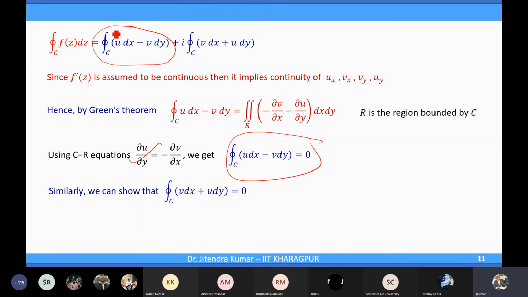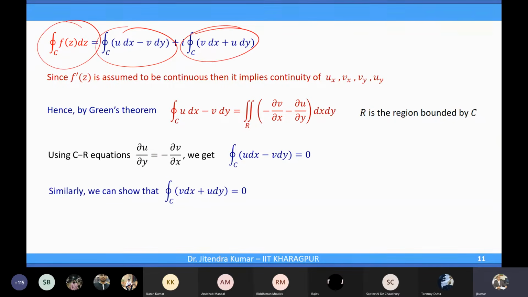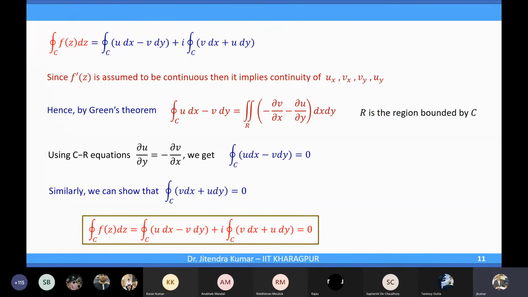Similarly, the second part of the line integral is 0, so we proved that the integral of f(z) dz is equal to 0 over any closed curve in that domain D you take.